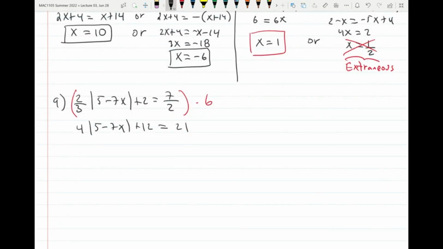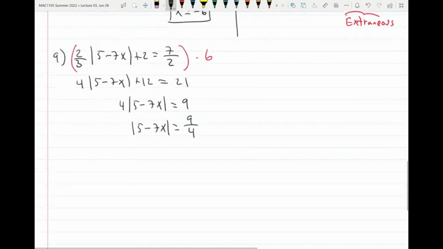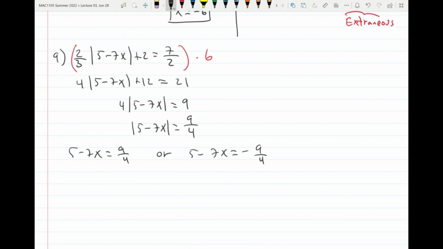All right, so let's see. What's going on here? You get 5 minus 7x equals, what is this, 9? And divide. So we get 9 over 4. Then we split into 2 equations, right? So 5 minus 7x equals 9 over 4, or 5 minus 7x equals negative 9 over 4.